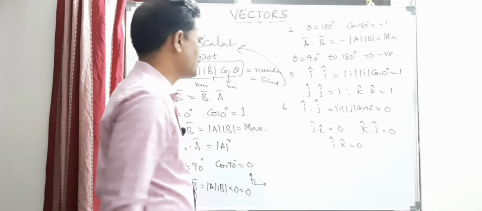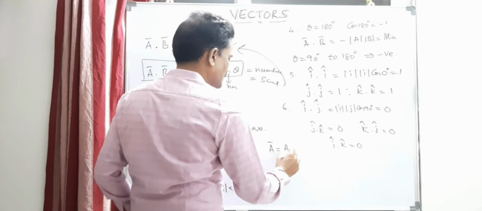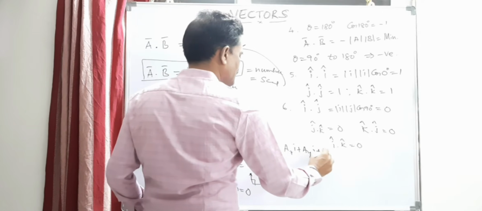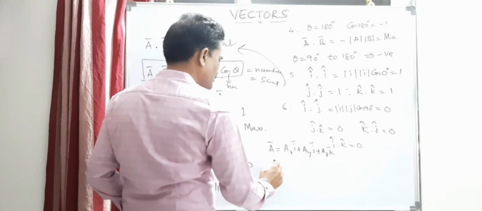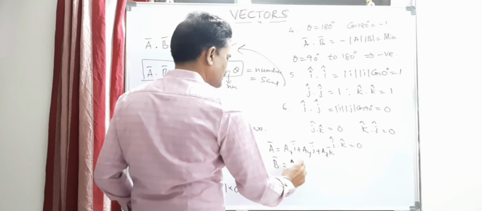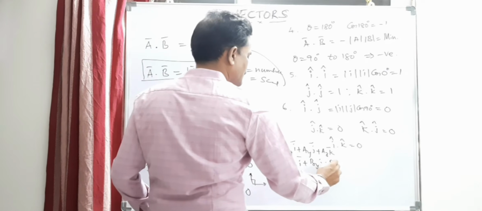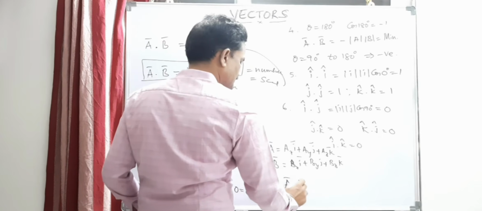Is it clear? Now, if I take two position vectors, A is equal to AX I plus AY J plus AZ K. This is one vector. And the second vector B is equal to BX I plus BY J plus BZ K. What is the value of A dot B? Tell me. Very simple.